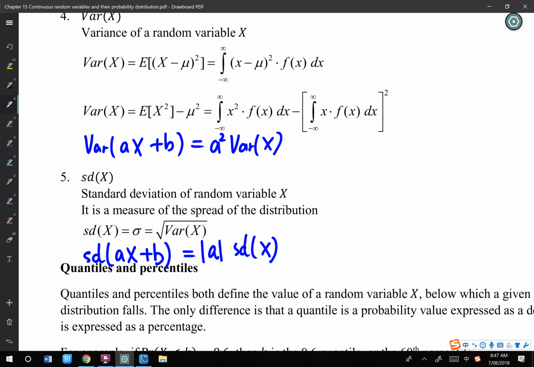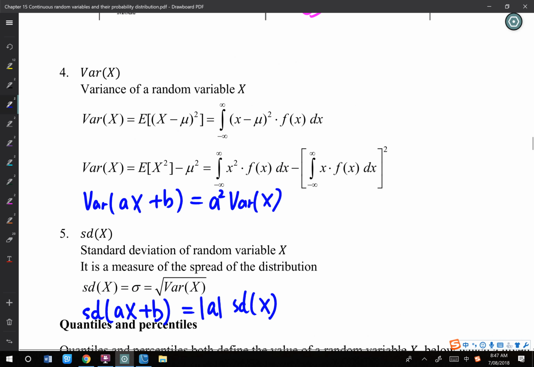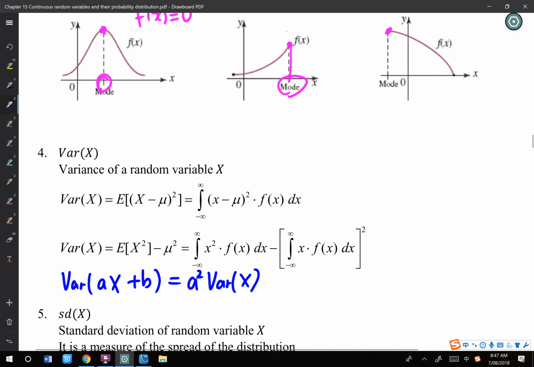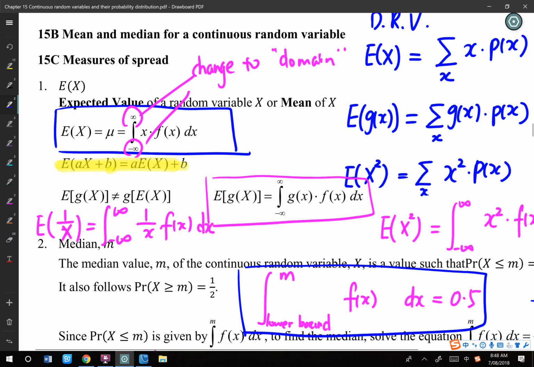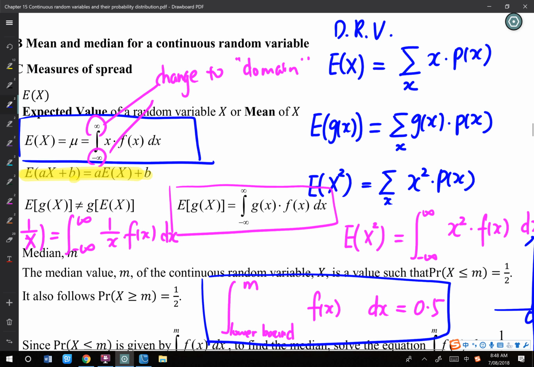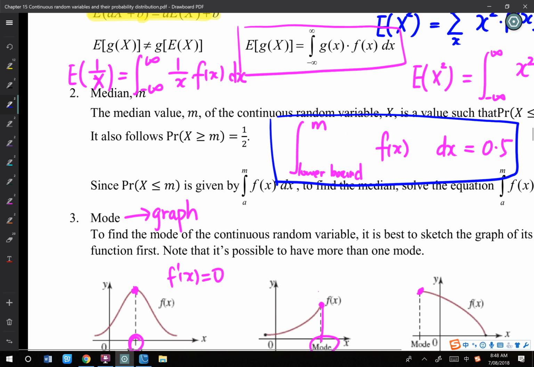You just change the sum to infinitely many, and then everything is the same. Okay, so that's expected x. After we know the discrete one, we can find out the continuous one.